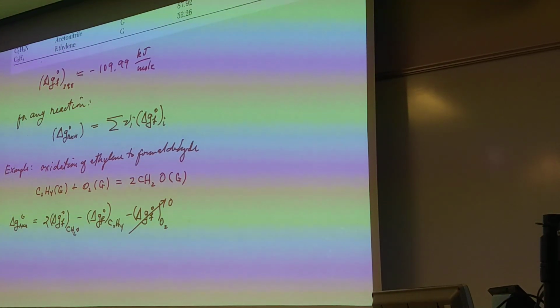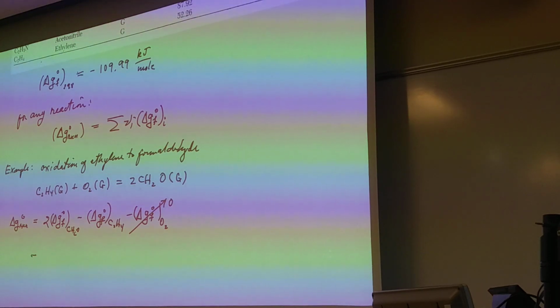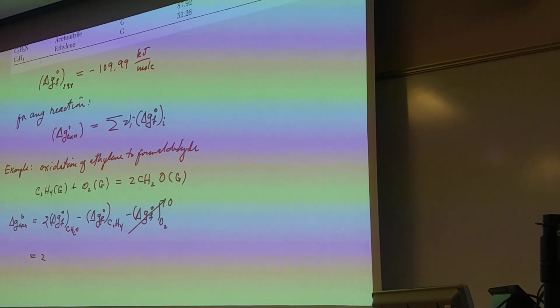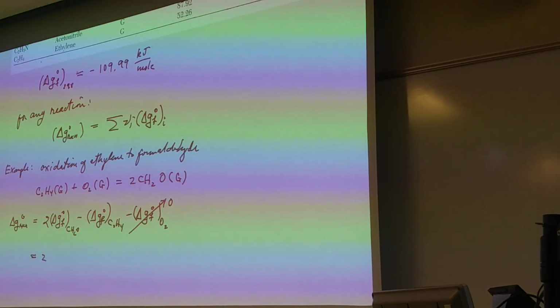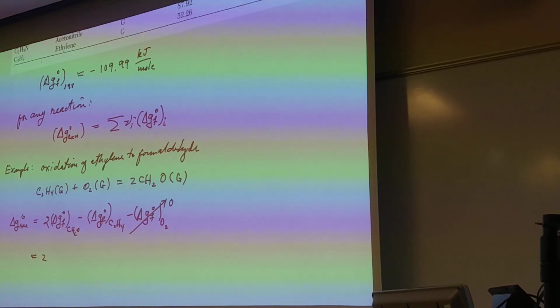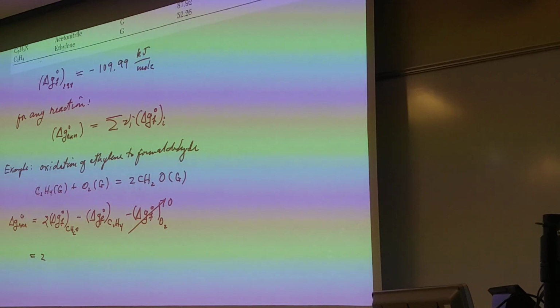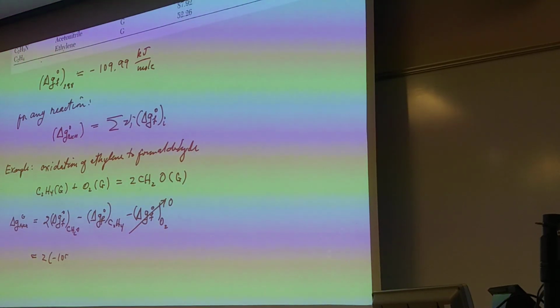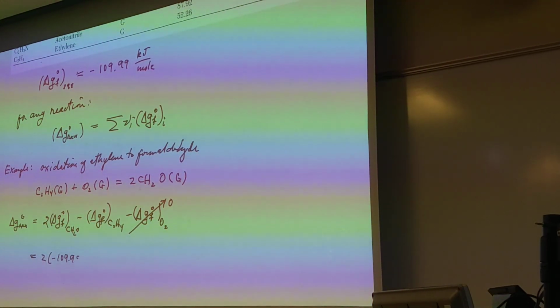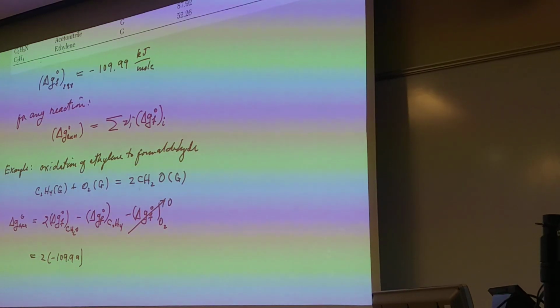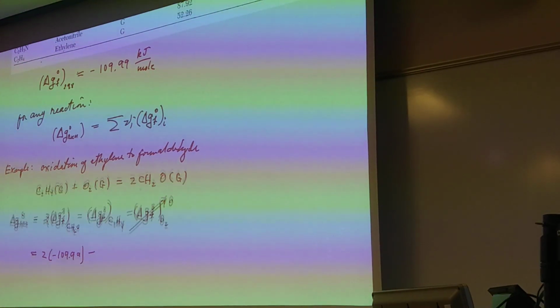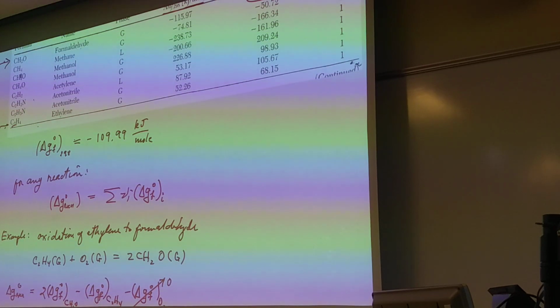So I should be able to go and look up these numbers now. So for the formaldehyde, I've already obtained it. That's minus 109.99. And for the ethylene, I'll have to go look at, here it is.